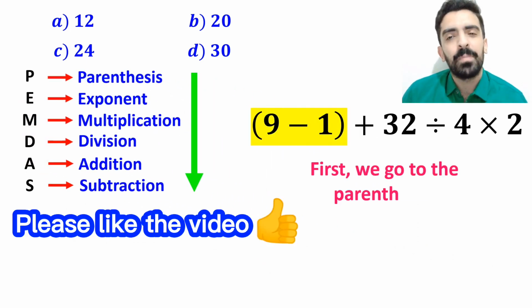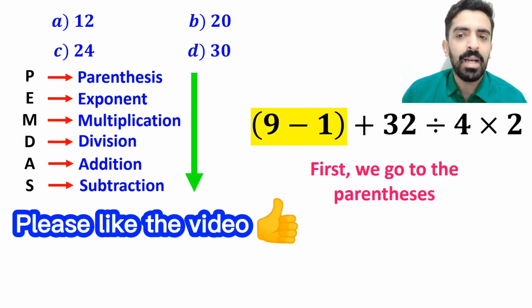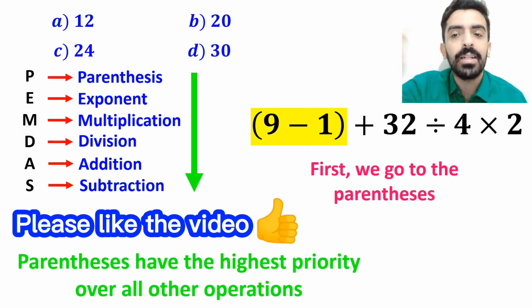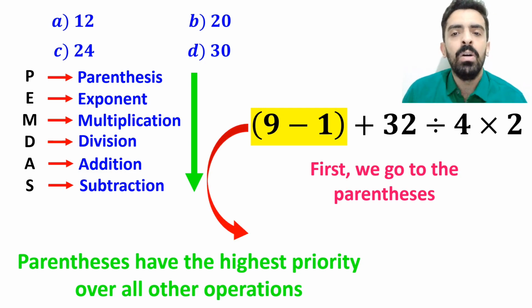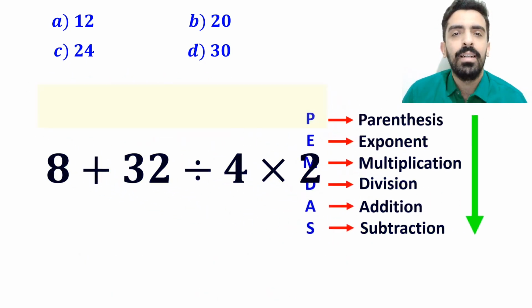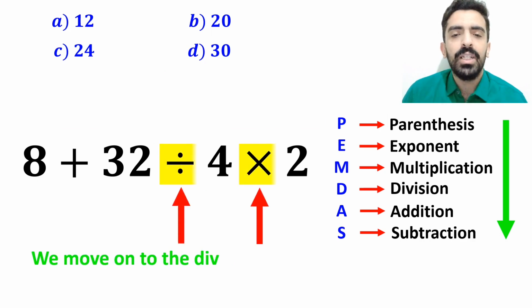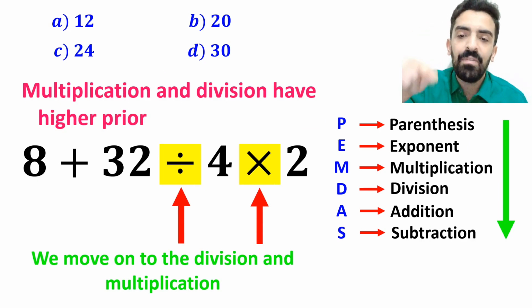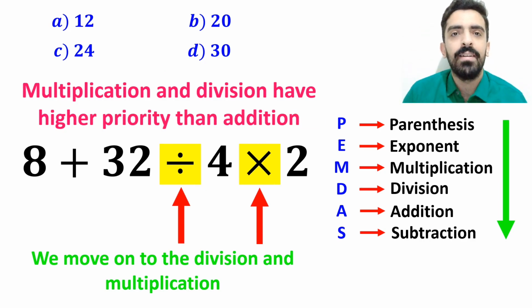Okay, first we go to the parentheses, because according to the PEMDAS rule, parentheses have the highest priority over all other operations. So, we can write this expression as 8 + 32 ÷ 4 × 2. In the next step, we move on to the division and multiplication, because multiplication and division have higher priority than addition.